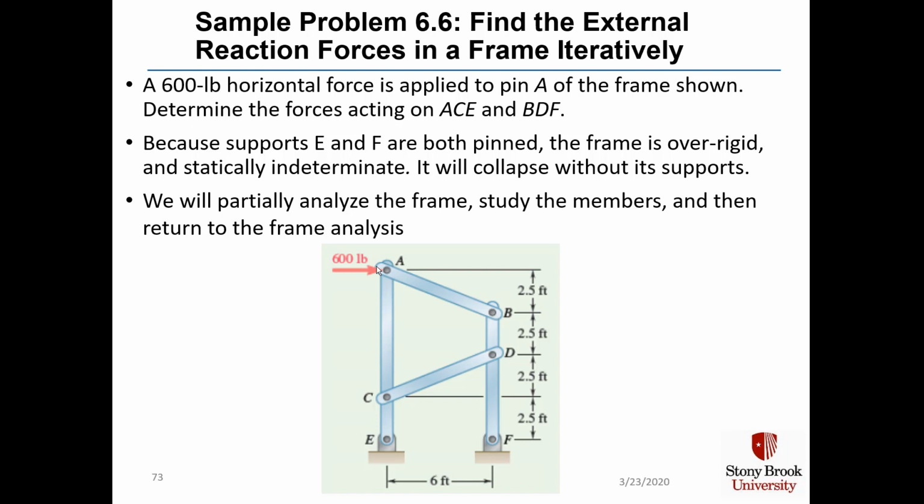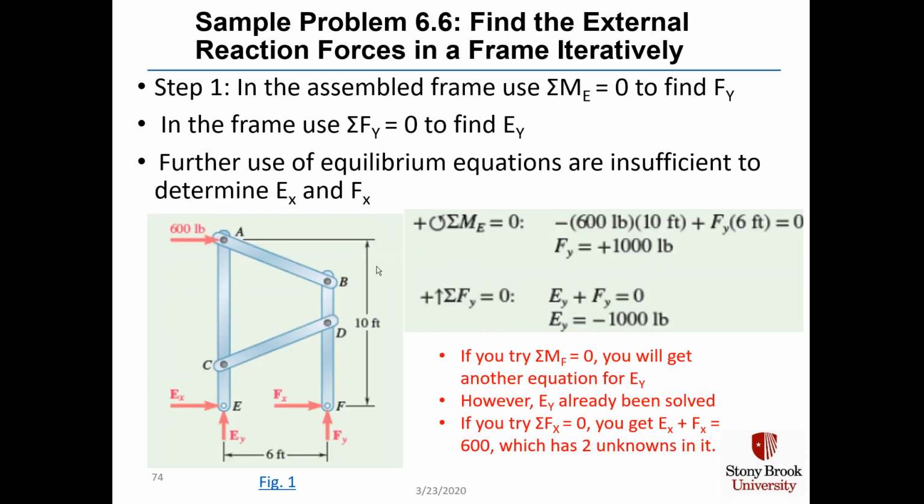We'll be able to partially analyze the frame, study the members, and then return to frame analysis to find the reactions at E and F. In the assembled frame, we sum the moments at point E and set that equal to 0, and we find F sub y, and we can sum the forces in the y direction to find E sub y. But further use of the equilibrium conditions is insufficient to determine E sub x and F sub x.